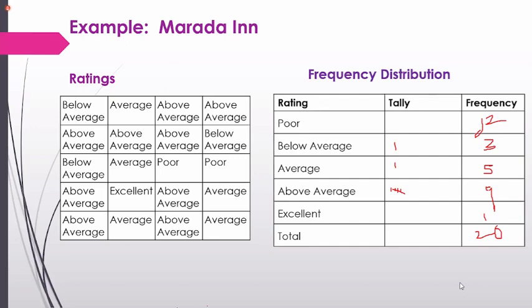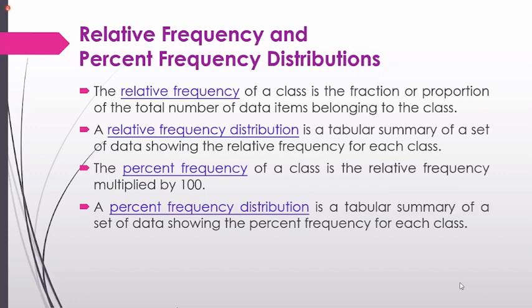Now we are coming to a type of frequency distribution. We are looking at what is relative frequency. The relative frequency of a class is the fraction or proportion of the total number of data items belonging to the class. When we are taking a class, there is a frequency for that class.